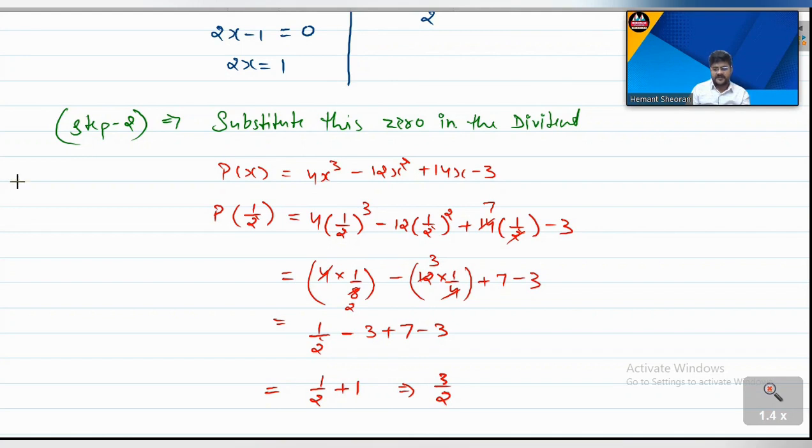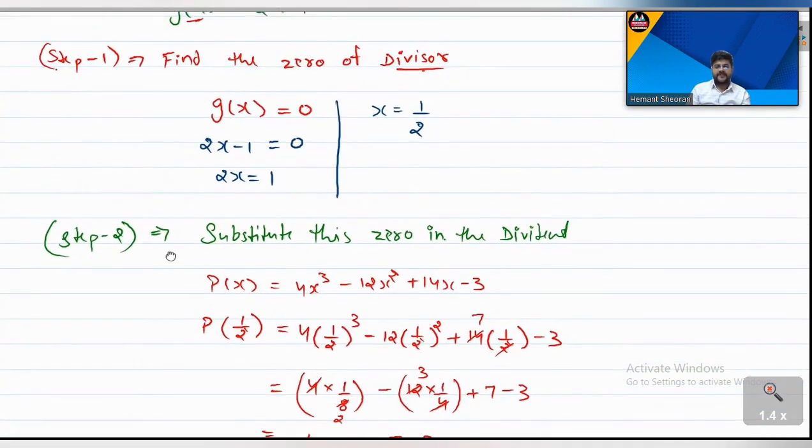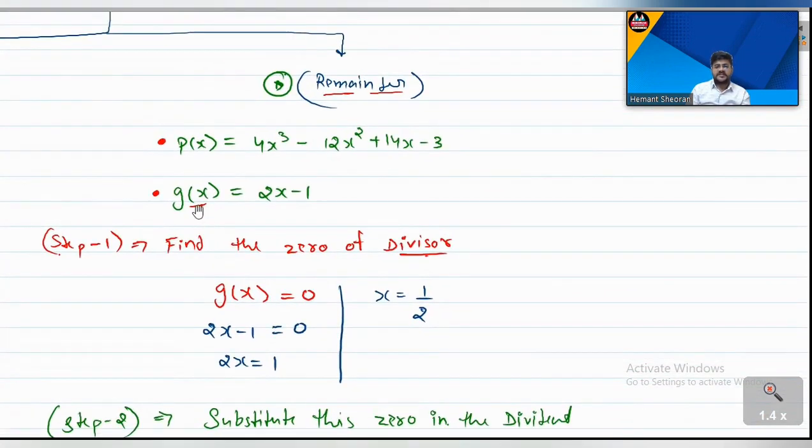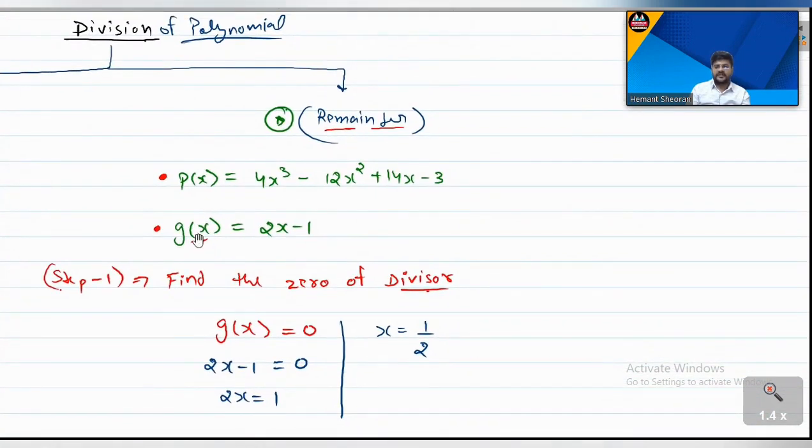So just the two simple steps we have. What are those two simple steps? You also got a 3 by 2 remainder, if you remember. So how did we get this? If you need to find just the remainder while doing the division of a polynomial, there will be a dividend and a divisor. In step number 1, you find the zero of this divisor.